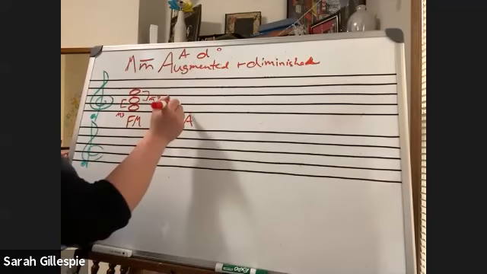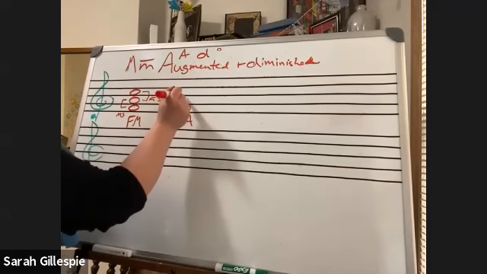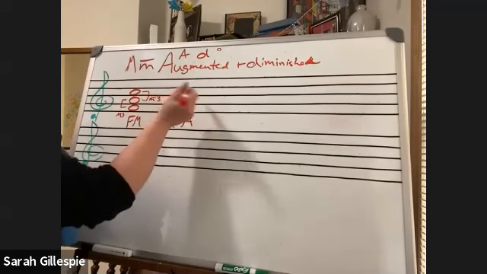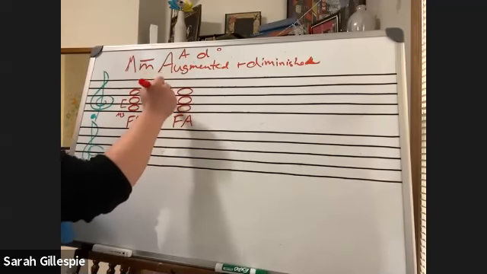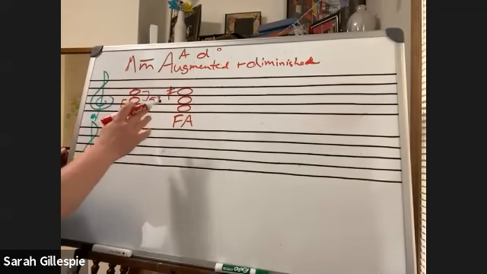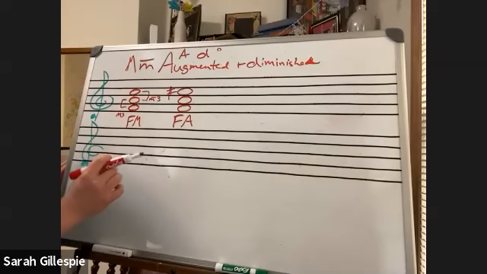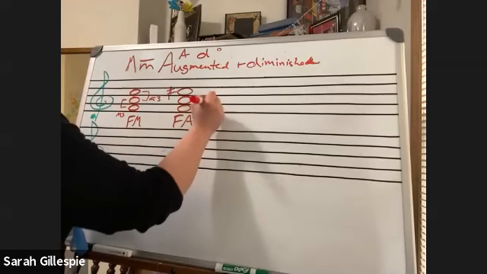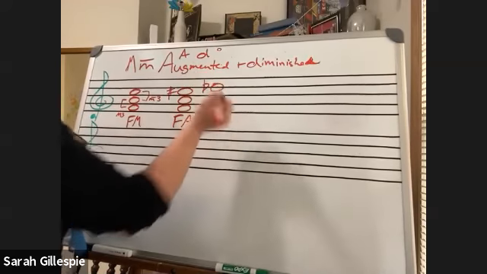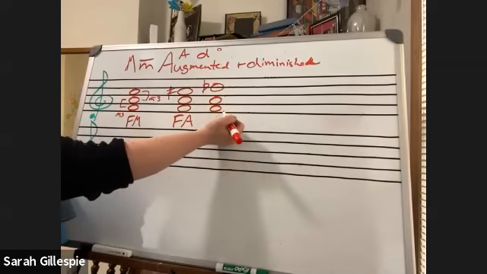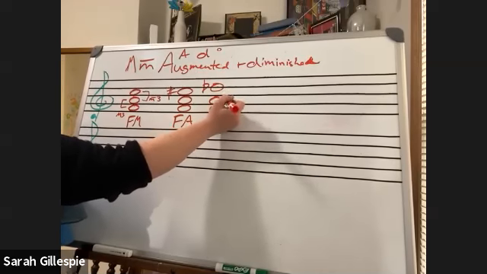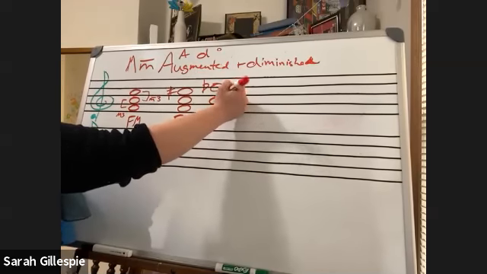An F augmented chord. So you keep your same major third, but now we need to augment this C. So it has to go to being a C sharp. Now, we cannot write it as a D flat, because that changes the shape of our root position chord. We now have a third, and this is way too big of a gap. We have a fourth here.